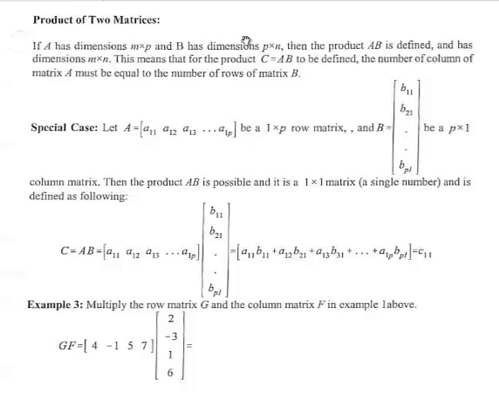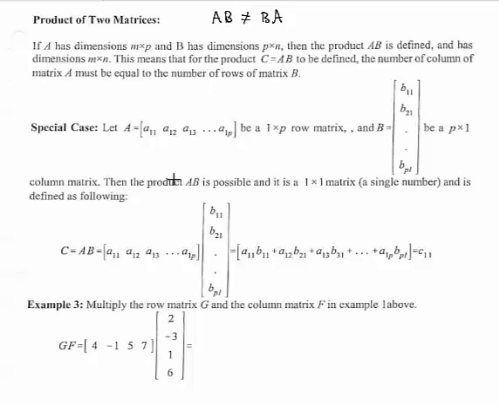And so sometimes we can't multiply in both directions. That means that matrices aren't always commutative with respect to multiplication. A times B doesn't necessarily have to equal B times A, and you may not be able to calculate both of these, because the columns of the first one have to match the rows of the second.